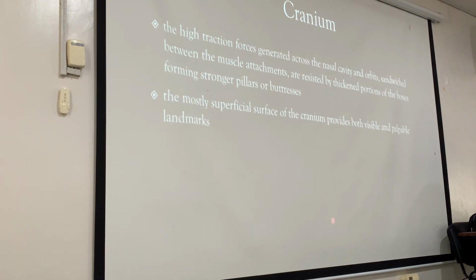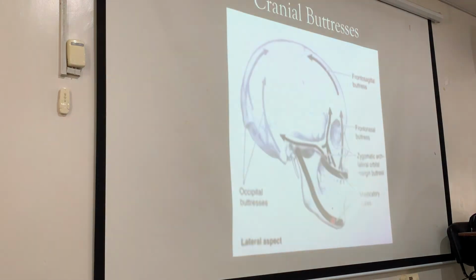So the mostly superficial surface of the cranium provides both visible and palpable landmarks, which we neurosurgeons use in order to locate tumors, for example, in the brain.